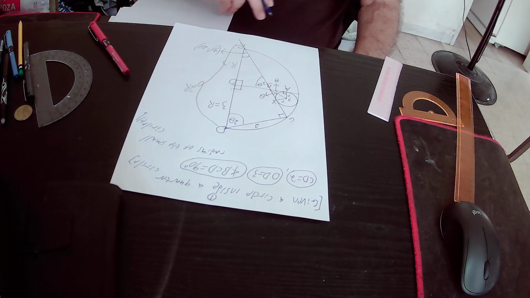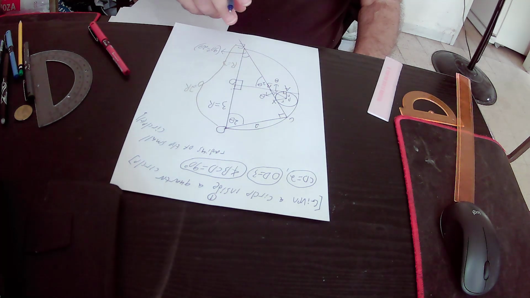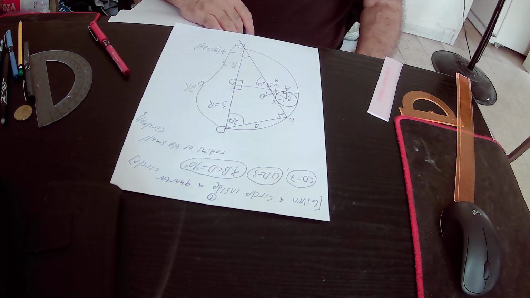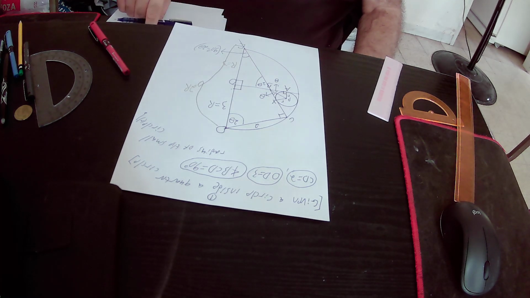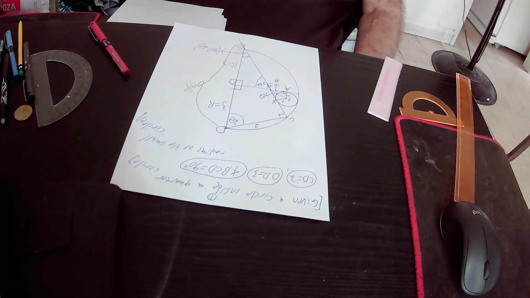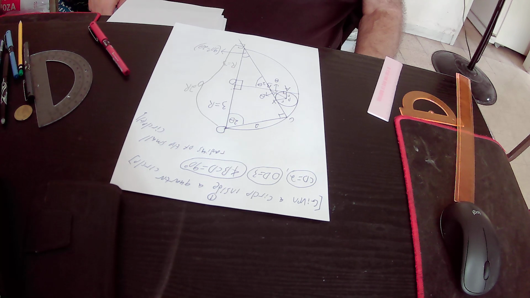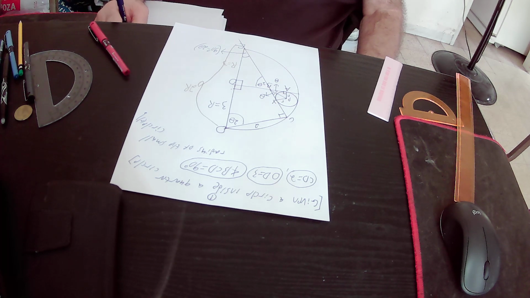What is the value of DE? DE is the diameter of the semicircle, so it equals 2R, and R equals 3 units, so 2 times 3 is 6, so DE equals 6. And DE square is 6 squared, which is 36.